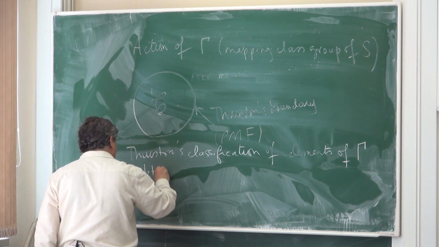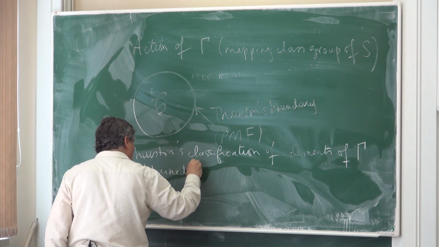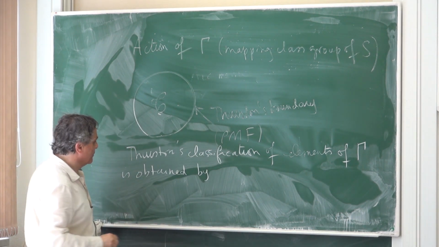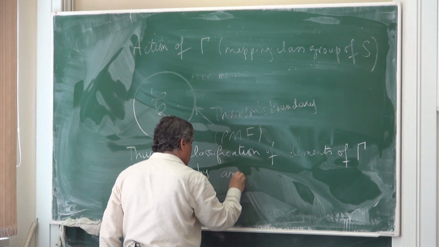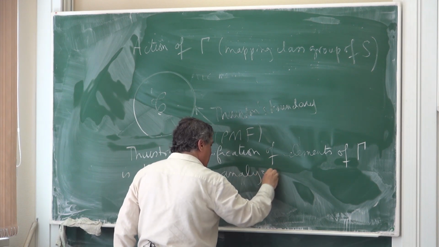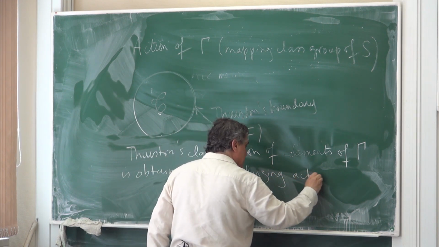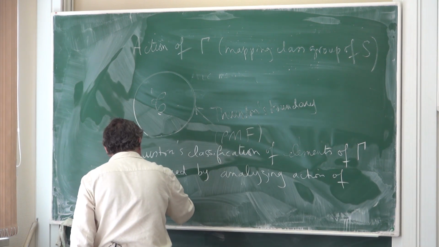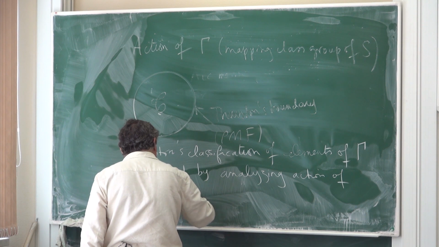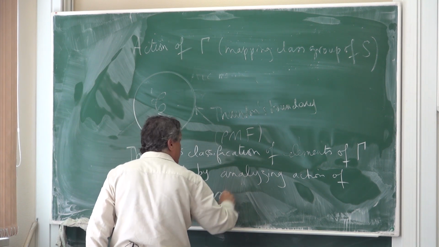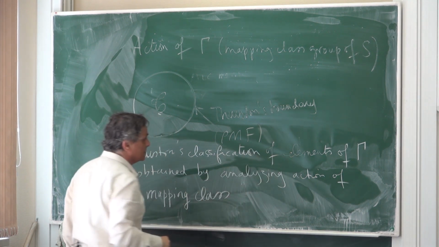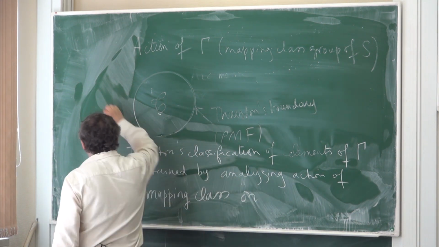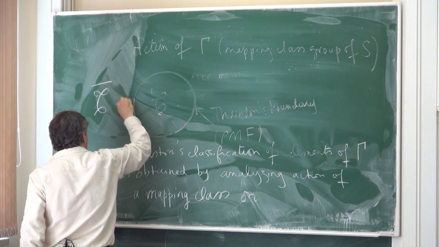I mean, Thurston obtained it by analyzing the action of a mapping class, that is an element of gamma, on this, which we call T bar.